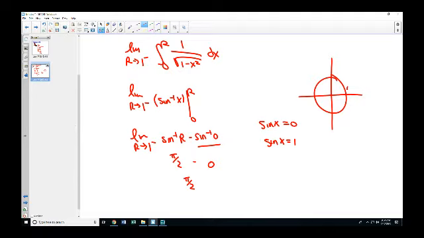Those would be our coordinates. What angles fall within that purview? 0 and pi over 2.